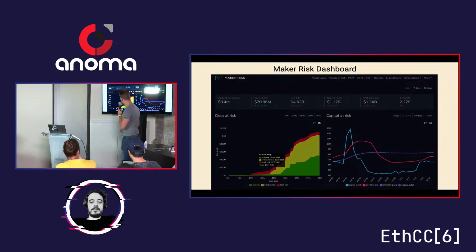This is our first product, and this is also publicly available, so anyone can just open it up and look at the current state of the MakerDAO system. On the right side, we have the capital risk metric, which is under the hood a simulation model that estimates the loss of the portfolio given a certain market shock that we're simulating.